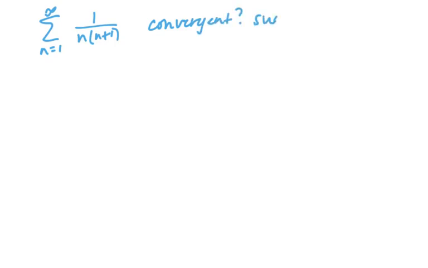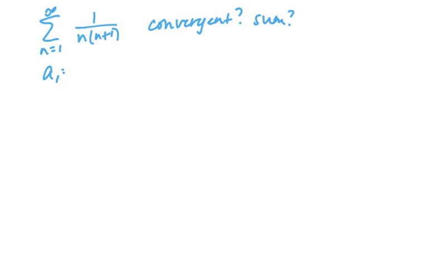It says, show that the sum from n equals 1 to infinity of 1 over n times n plus 1 is convergent, and find its sum. So let's say convergent and sum. Now if it's divergent, you can't find the sum. So keep that in mind. Let's start with the first few terms.